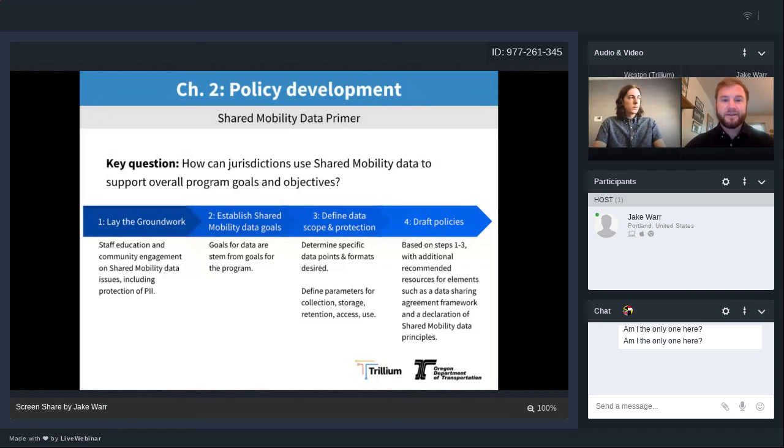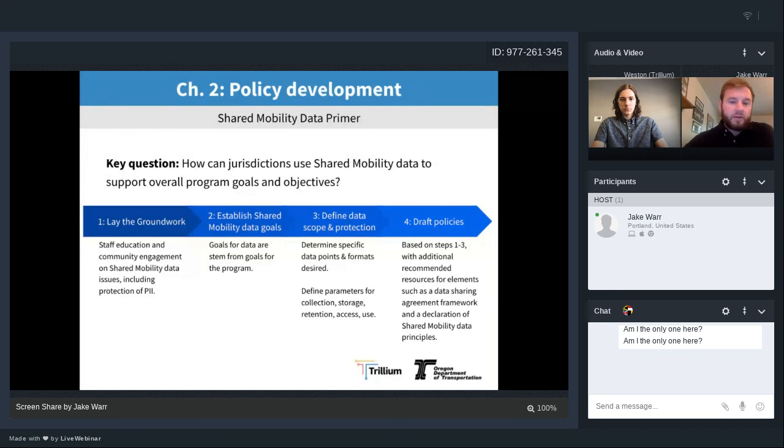So in a state like Oregon, what's the status of the data that TNCs have to share or don't have to share? How is personally identifiable information, or PII, protected at a legislative level, et cetera? And just learning about, for example, this primer could be a good start for that. What are the data specifications relevant to shared mobility?